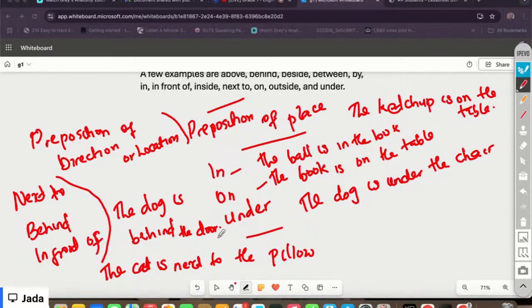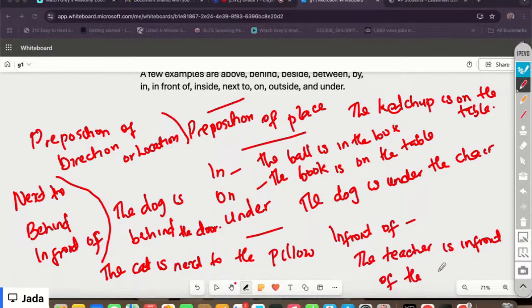That's preposition of direction. And then for in front of, we have, for example, the teacher is in front of the class.